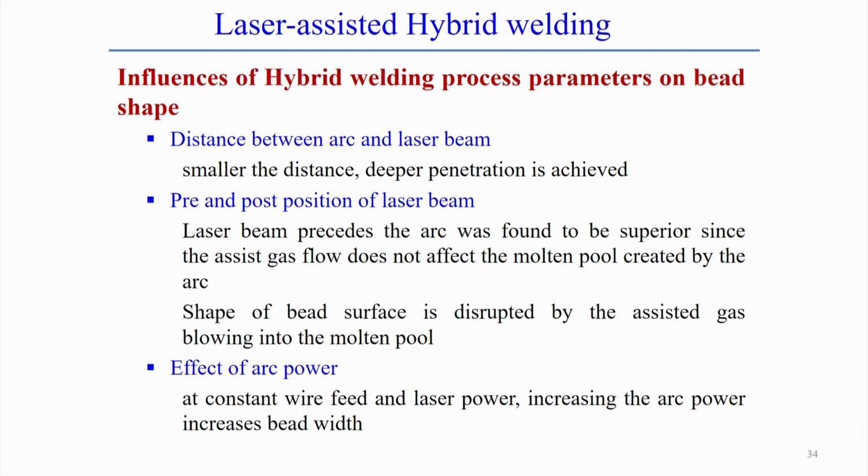If the laser beam and arc are too close to each other, deeper penetration is expected. The compact effect of the arc and laser will be more, and in this case we can expect a relatively narrow heat affected zone or narrow weld zone if the arc and laser beam are close to each other. If they are far away, the effect may not be beneficial. So, the smaller the distance, the more depth of penetration we can achieve.